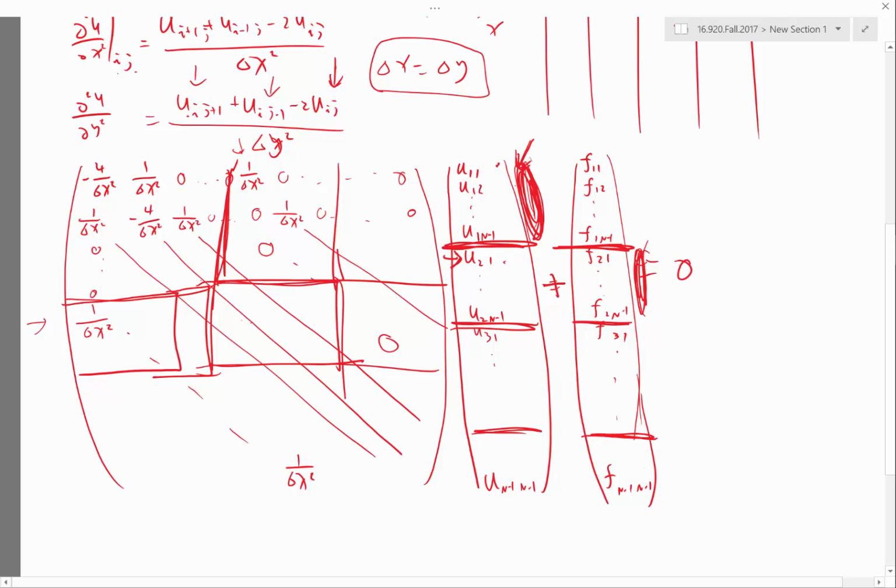There is going to be one non-zero block in the upper diagonal blocks and one non-zero block in the lower diagonal blocks. And each of the off-diagonal blocks is going to be diagonal. That's the structure of this finite difference matrix in 2D.